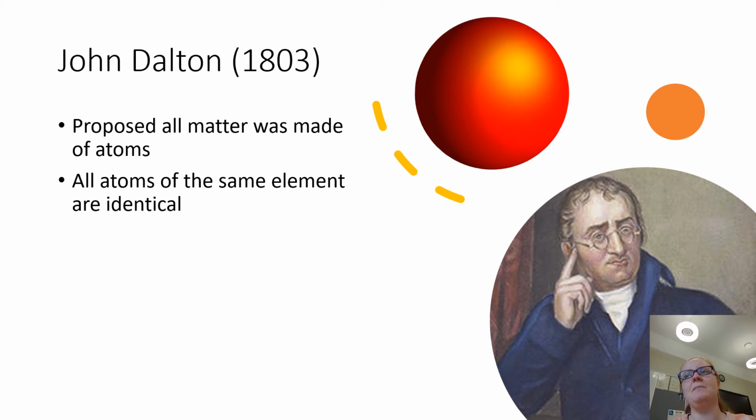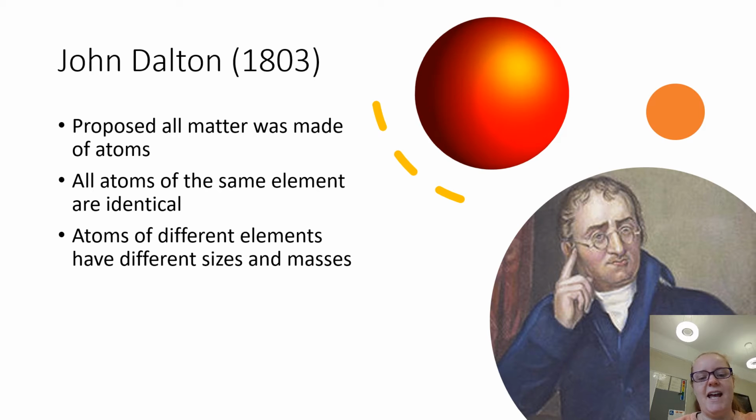So all helium atoms are the same, all carbon atoms are the same, all gold atoms are the same. And he said that atoms of different elements would have different sizes and masses, and decided that all atoms were basically solid spheres, kind of like billiard balls.